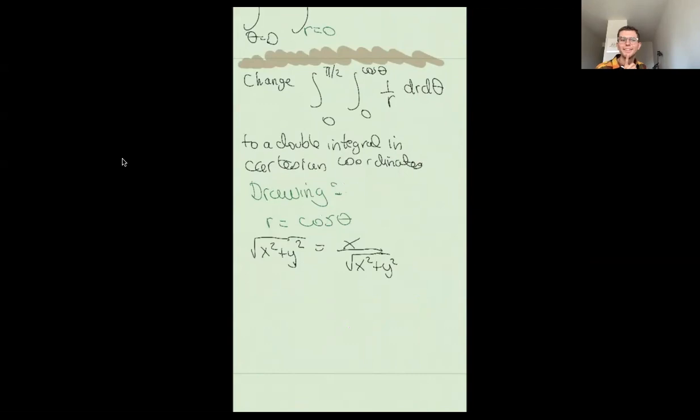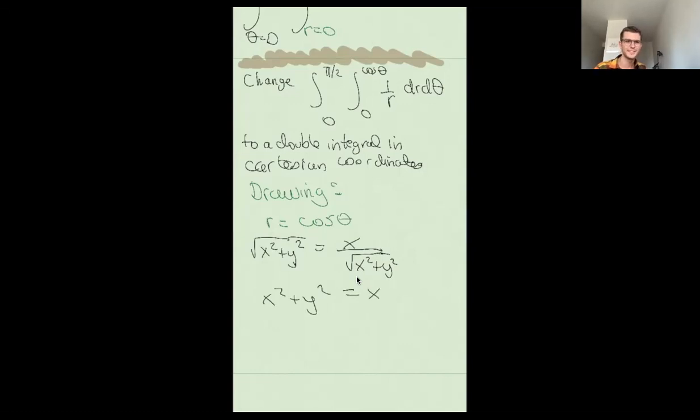It's not x equals 1. You have to be careful, don't jump ahead. What do you do when you see this? You can multiply both sides of the equation by root of x squared plus y squared. Is that okay now?